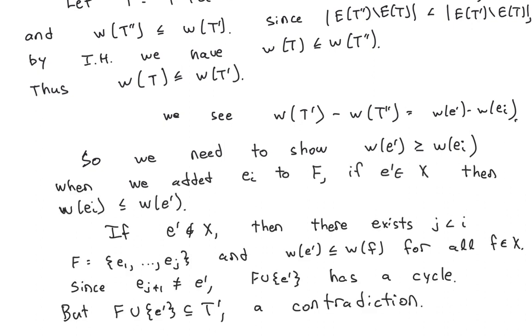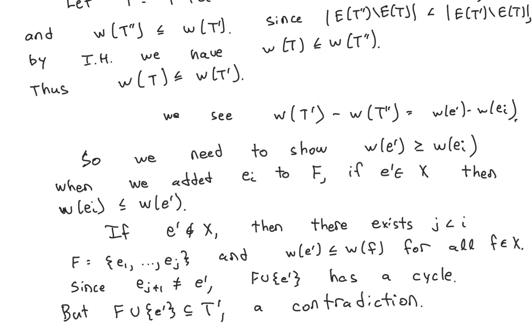All right, so what we do is we consider the point at which the algorithm added EI to F. If E prime was in X at that point, then by choice of EI, the weight of EI must be less than or equal to the weight of E prime, which is exactly what we want to show.